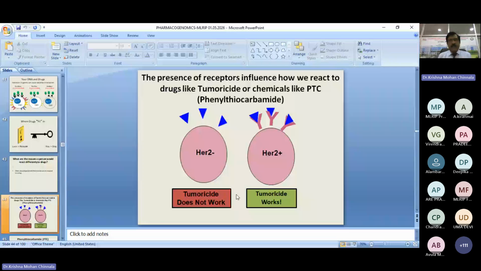Okay, why? Because cancerous patients have less time. You have to give quality of life for them, improve the lifespan. For that, no trial and error method should be followed, like what the doctors will do for antibiotics. They will give for 3 or 4 days and ask the patient to come back and they will change the drug again. Okay, not like that. It is a life and death issue.